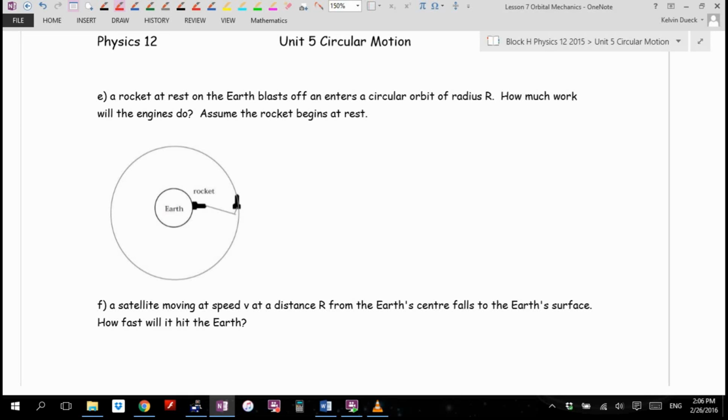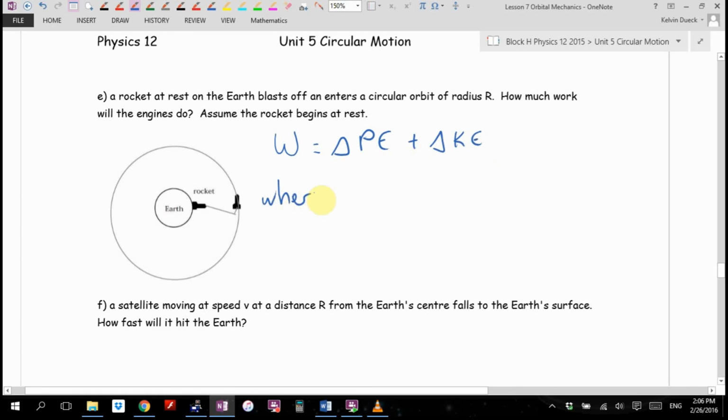In other words, my work equation is going to be where the change in kinetic is going to be a half m v orbit squared. How do I find v orbit? Gravity is what's pulling me around in a circle. Or maybe the question will tell you. Yay! Yesterday, the question told us each time.